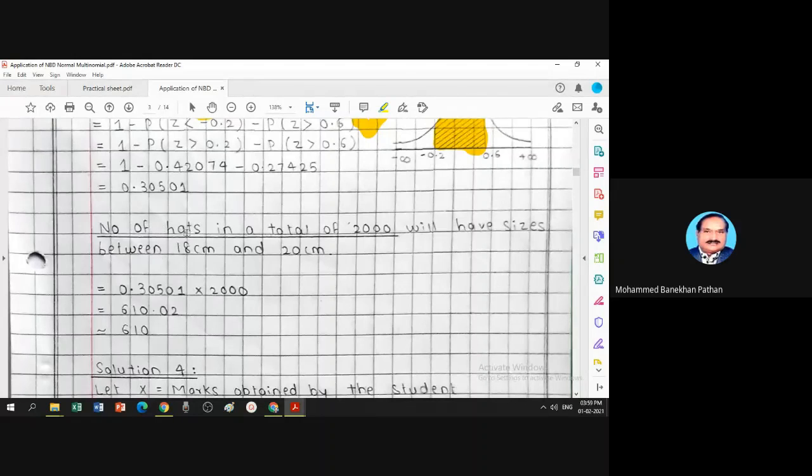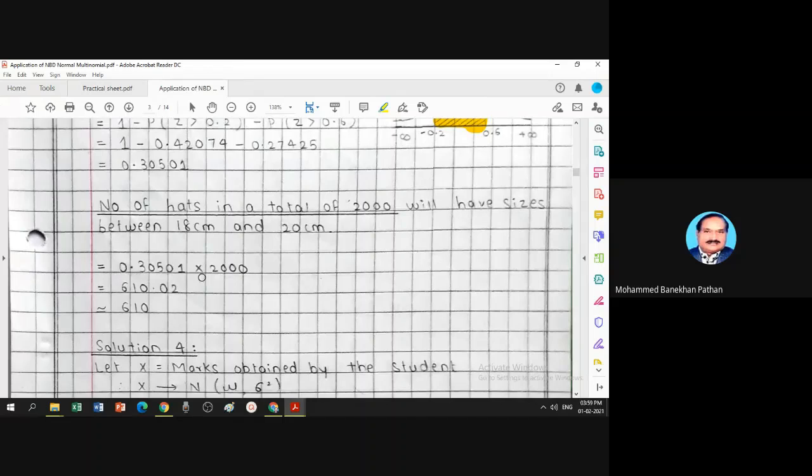Number of hats in a total of 2,000 that will have sizes between 18 to 20 is obtained by making a product of the probability with 2,000. Simple way. So this product is coming 610.02. So if the fractional part is less than 0.5, you can forget it.